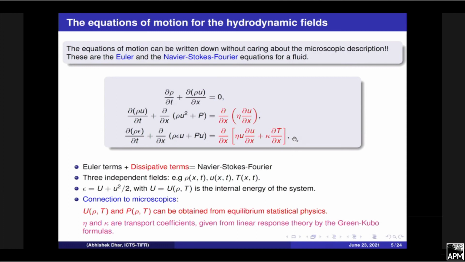The other quantities that appear in this equation are the so-called transport coefficients, eta and kappa, which we now know how to compute using things like Green-Kubo formulas and linear response theory. Given a microscopic Hamiltonian, linear response theory tells us how to compute these coefficients. So these are the hydrodynamic equations.